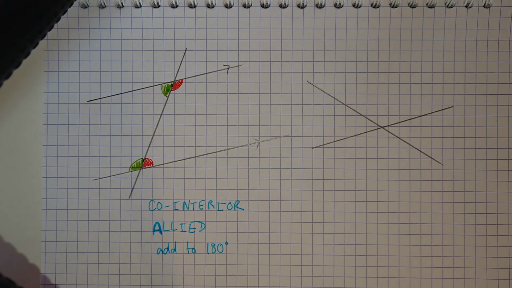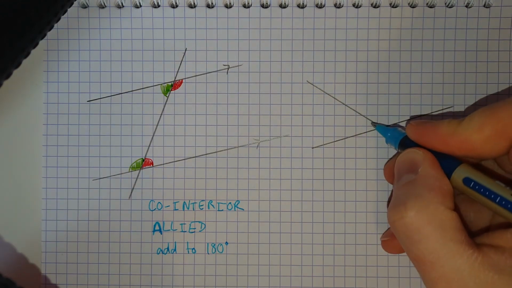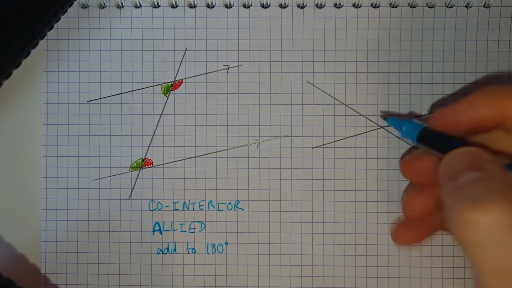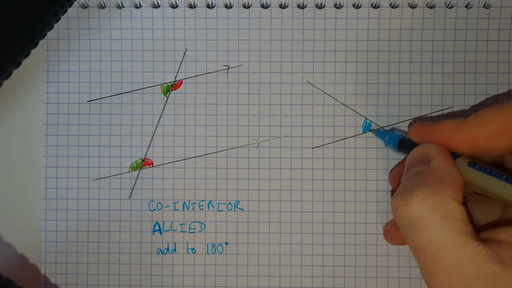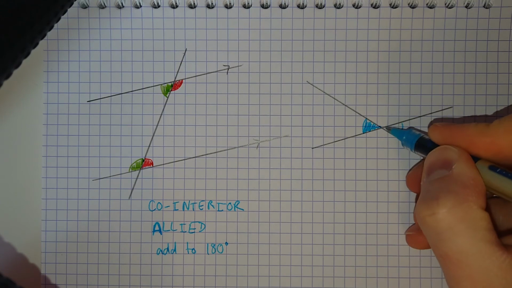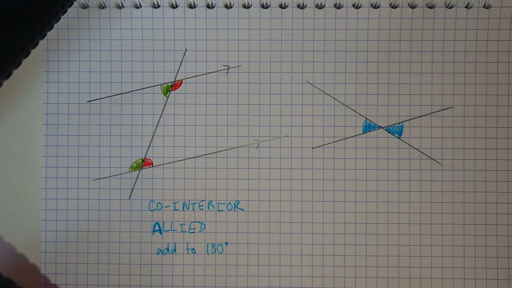There's one more name that you need to know, and this is for pairs of angles which are not around parallel lines, but when you've got this sort of X shape going on, when two lines do cross over, when they're not parallel. I might choose to mark, for example, this angle here and this one here, both acute in this picture.